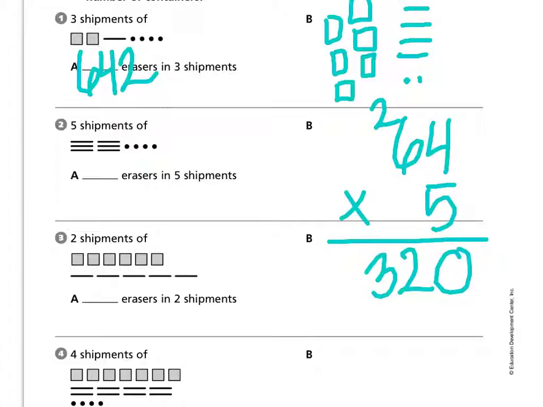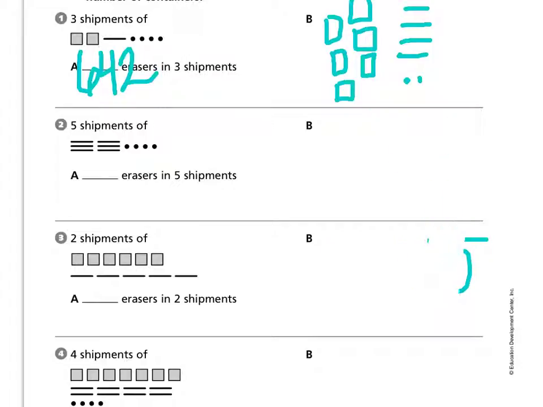So I know that in all 5 shipments I have 320 erasers. So after I know that, I can draw the correct shipment packages. So looking at this, in the ones column I have 0, so I have 0 individual erasers. I have 2 packs, and then I have 3 boxes.